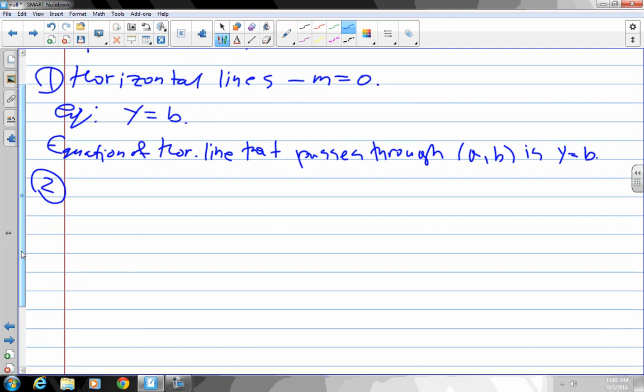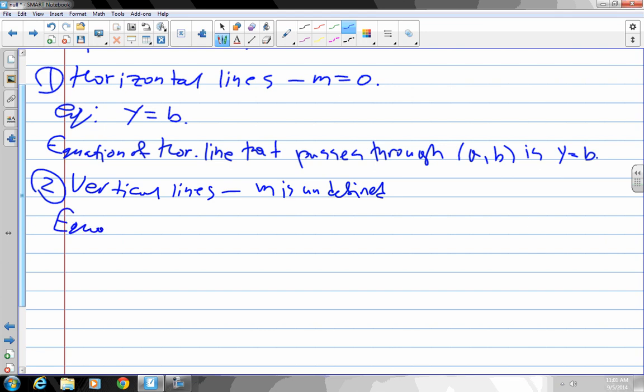So with the same logic, when you look at the vertical lines, slope is undefined. The equation would be, well, if it's vertical, then x does not change. X remains a constant. You could just picture a vertical line. So then the equation of a vertical line, x always equals some number.